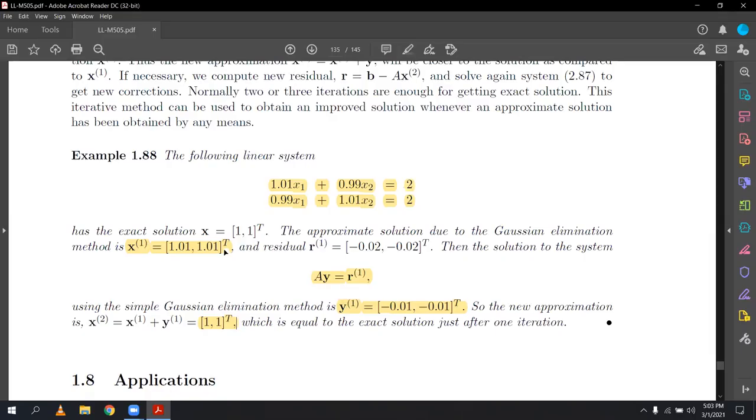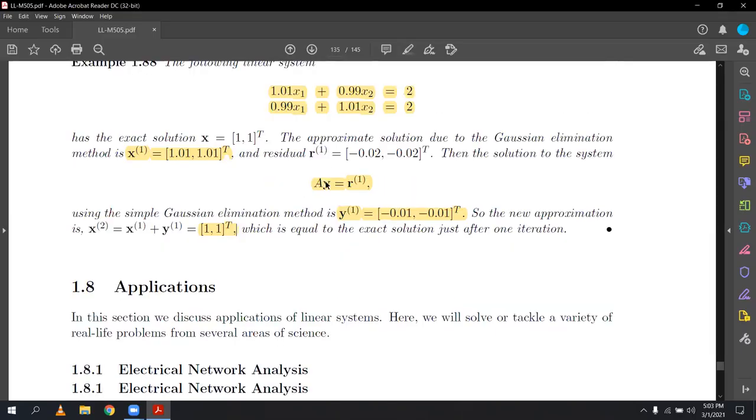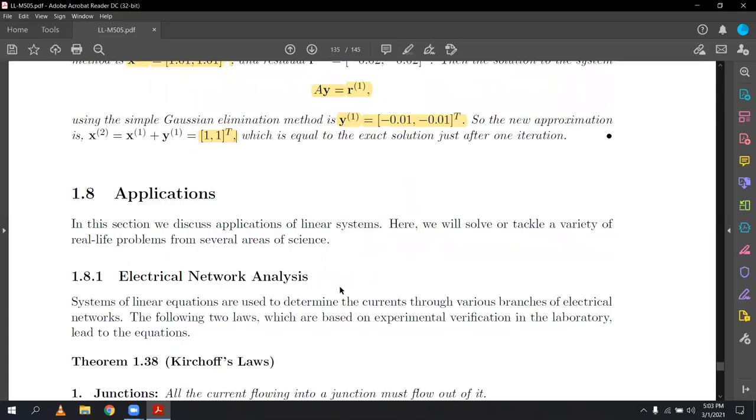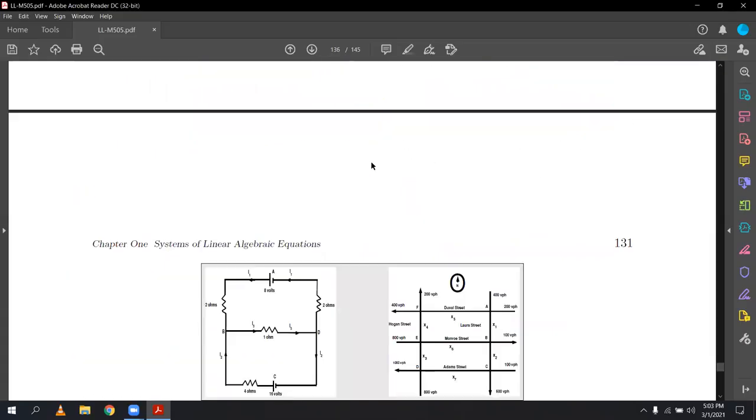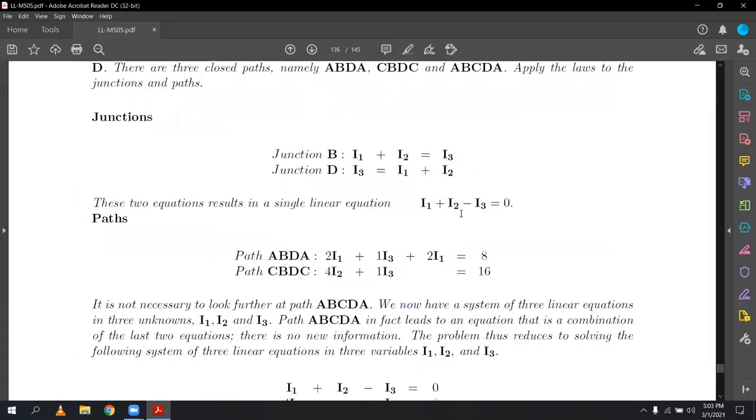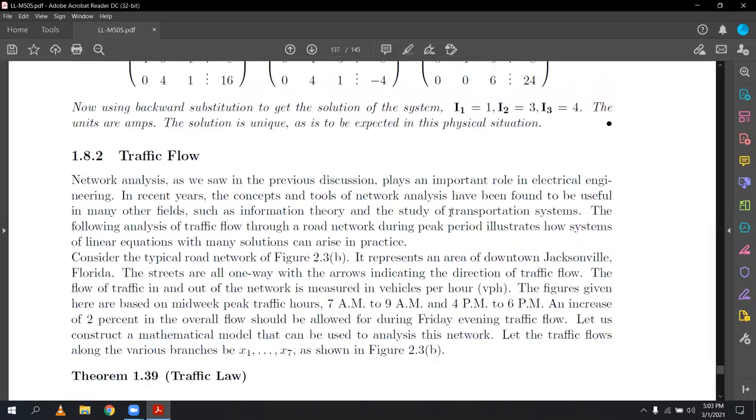Any question now, please? Then in the end, I discuss some applications for electrical, the traffic flow, and different ones. In all of these, how can we convert into a linear system?